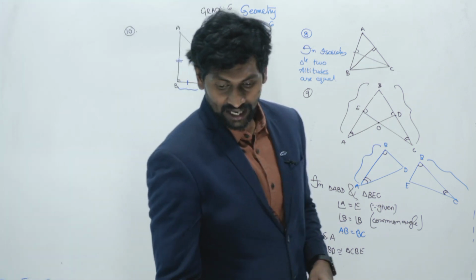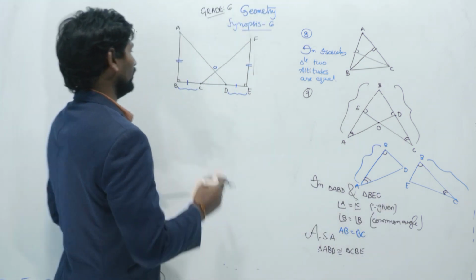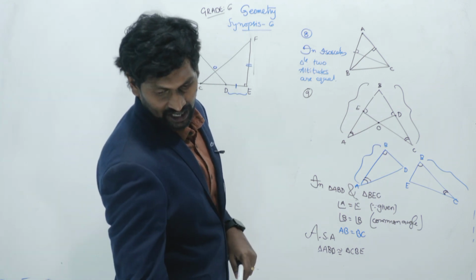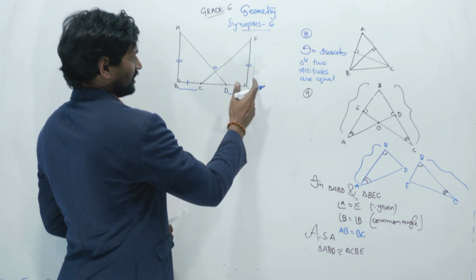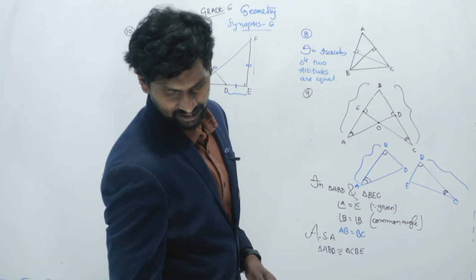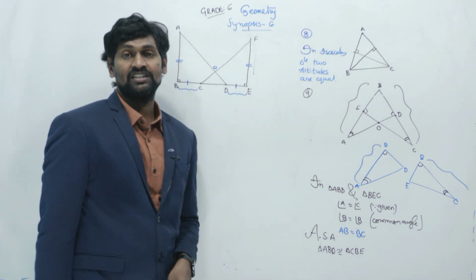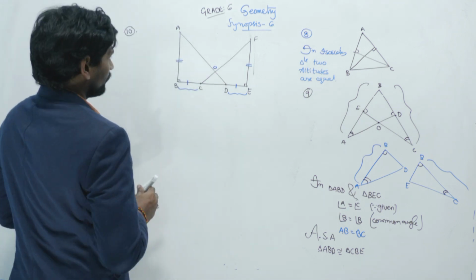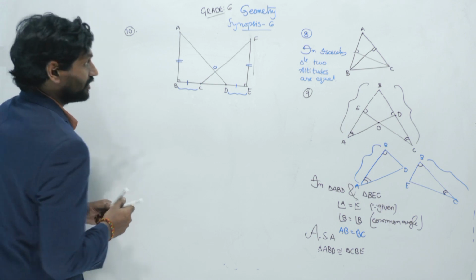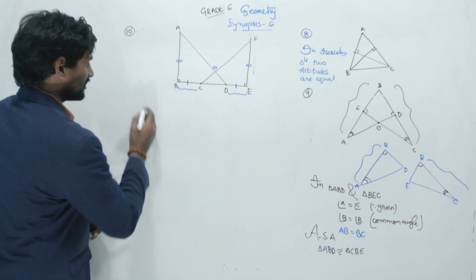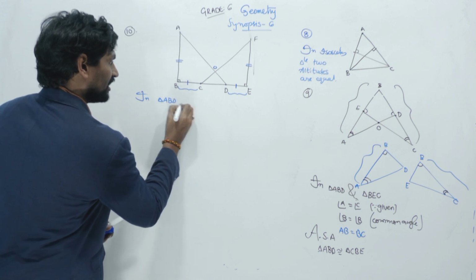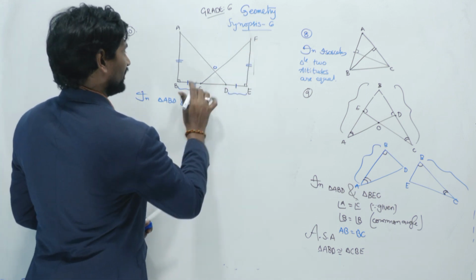And AB is perpendicular to BD, making a 90 degree angle, and EF is perpendicular to CE. Then which of the following triangles are congruent? From this given figure, we can identify two triangles. They are nothing but triangle ABD and the second triangle FEC.